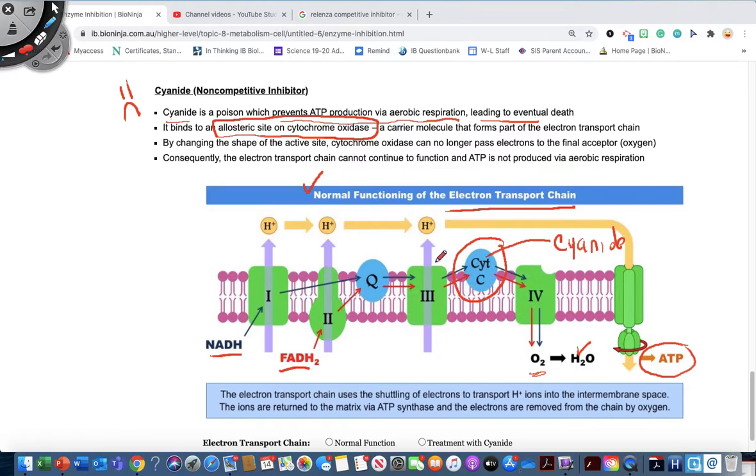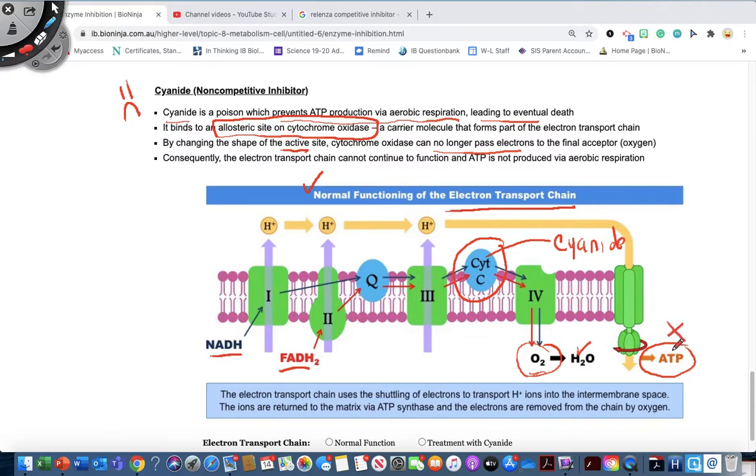And that is going to change the active site of cytochrome oxidase. So the electrons that are being passed on through this chain can no longer be received by the final electron acceptor here, which is oxygen. So the electron chain is not going to be able to happen.